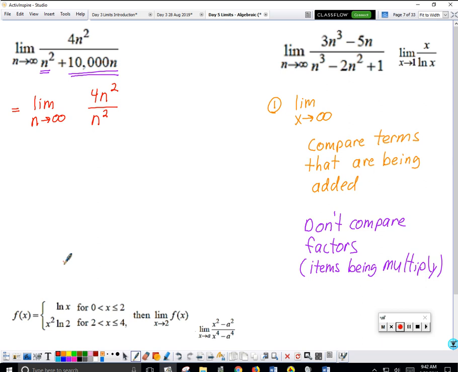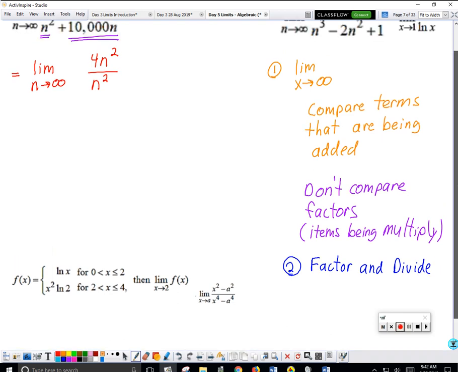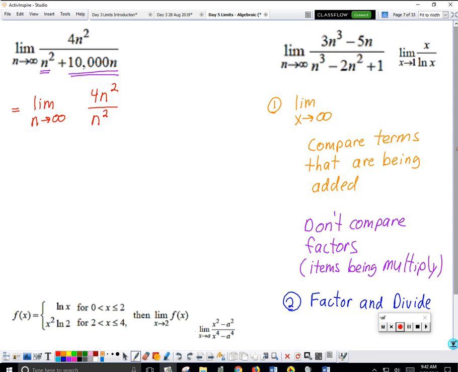Questions? We need to restate anything? Okay? After you've done this comparison that Josh asked about, next thing you do is you look to see if you can factor and divide. So this is already factored.